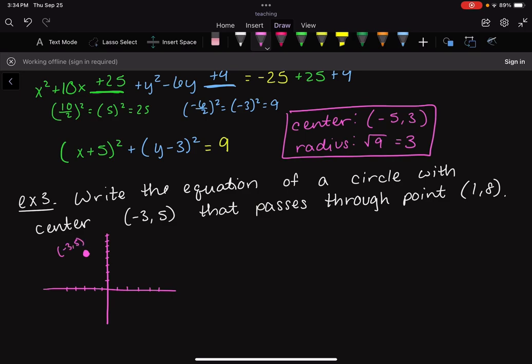Now this is the center of the circle, so be aware of that. And then the circle passes through the point 1, 8. So it passes through this point over here. So the actual circle is going to go all the way around this center point. I'll draw it the best that I can. Won't be perfect, but you'll get the idea.